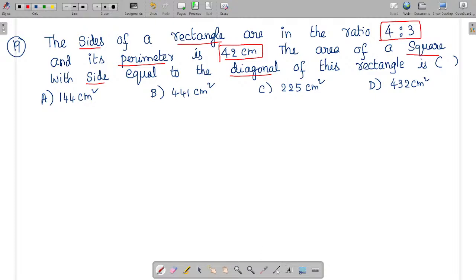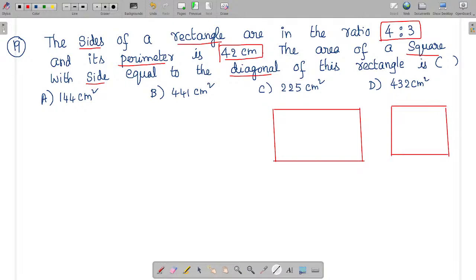So let us try to solve it. The problem is related to two figures, right? The rectangle and also the square. Both concepts are involved here. So what is given here? This is the diagonal. According to the problem, the sides of a rectangle are in the ratio 4:3.